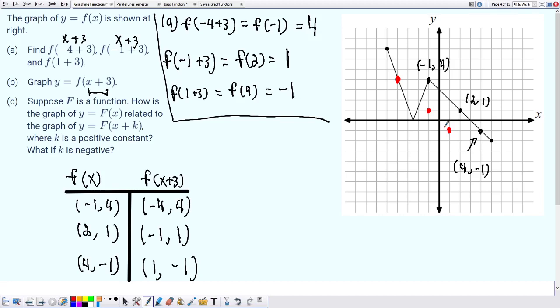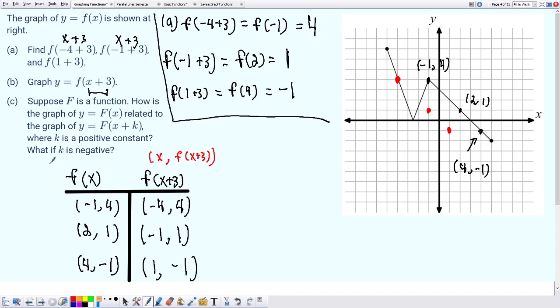Think of this function as the set of all points where x is our input and f of x plus 3 is our output. Now, how is that different from the original function?